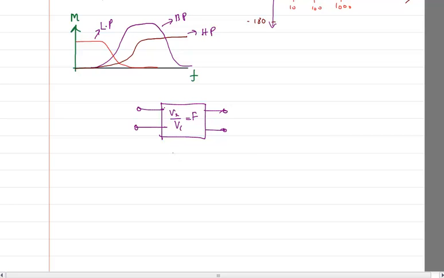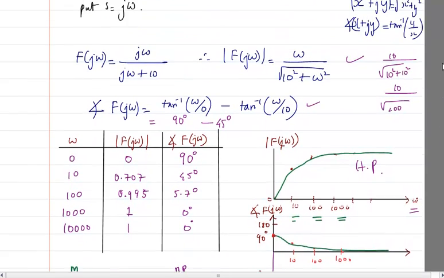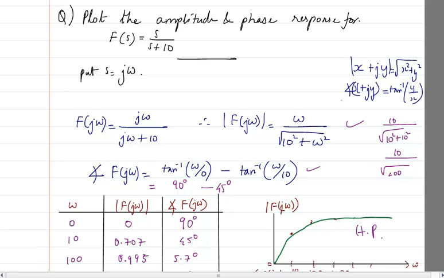That network function f will have a magnitude and phase, from which you will get this magnitude response as well as this phase response, from which you will be able to say whether it's a high pass filter, a low pass filter, or a band pass filter. So you are starting from basic resistance, capacitance, inductance circuits, but you get the network function f, from which you are directly able to say whether it's a low pass or high pass filter. So this is basically why we have this portion.